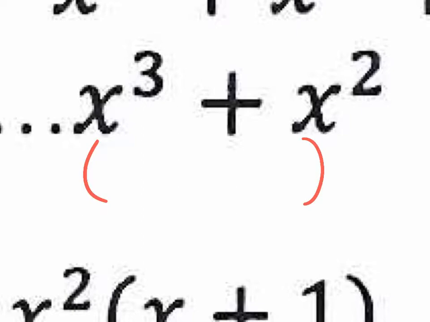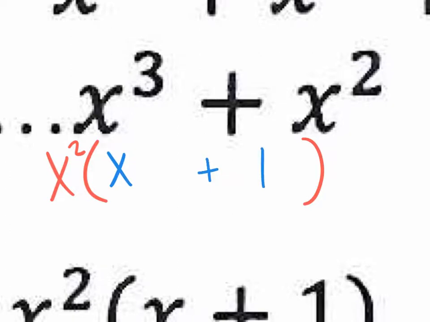An x. Not only one x, but an x squared, right? You could pull out a maximum of 2 x's. What would be left on the inside of the parentheses? X squared times what gets us x to the third? X and plus 1. Thank you very much.